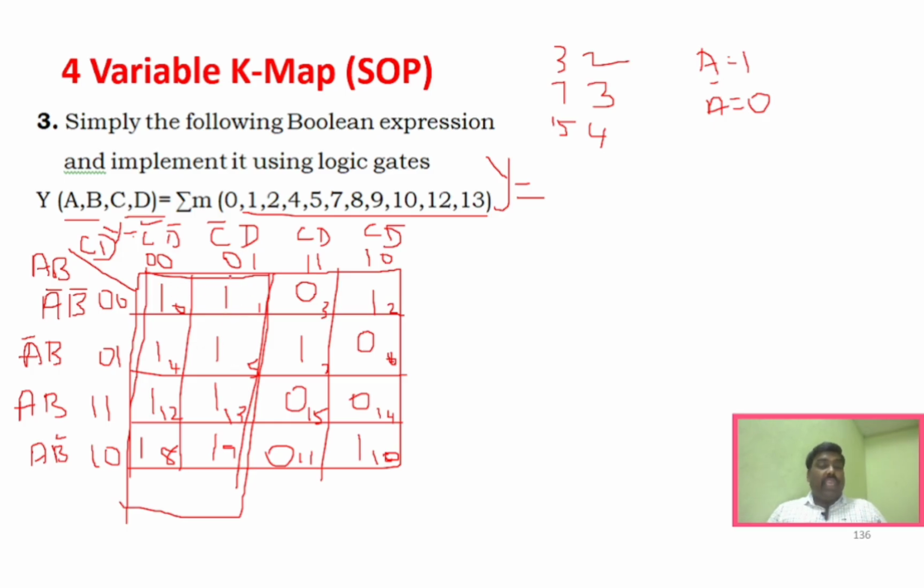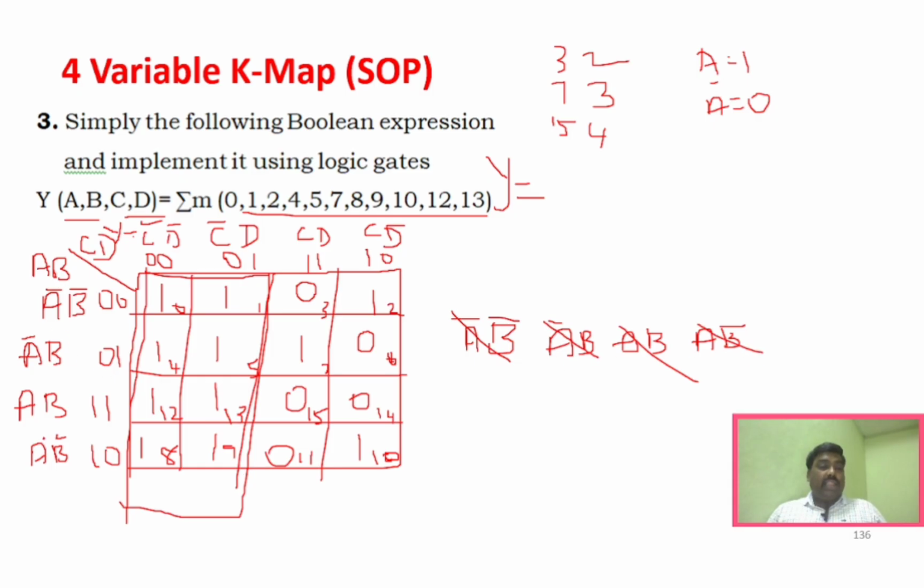So out of this 8, how will I write the expression for it? I take this row, the vertical one. If you take all of it, it is A bar B bar, A bar B, A B, and A B bar. Here A bar B bar and A B get cancelled, and A bar B as well as A B bar get cancelled.